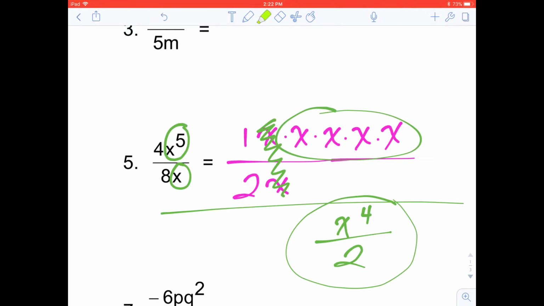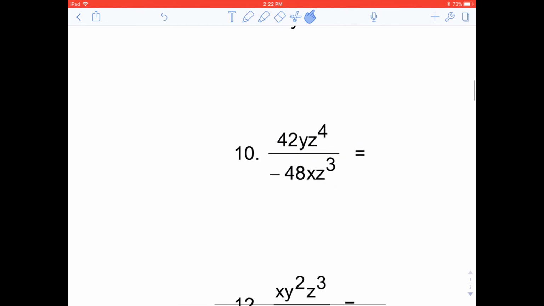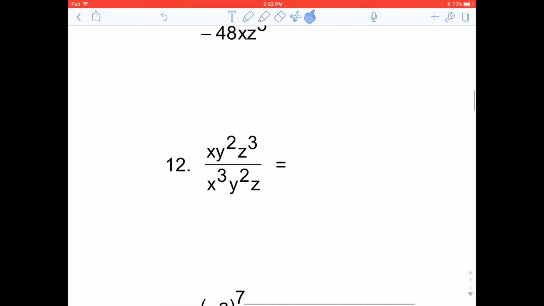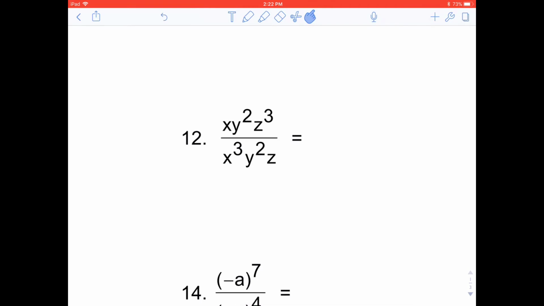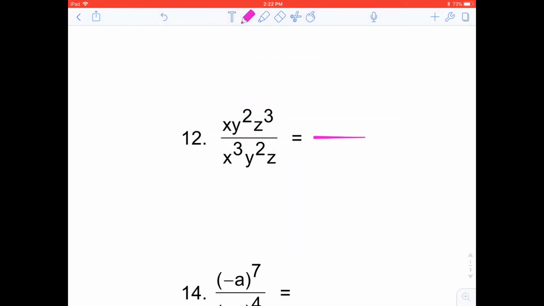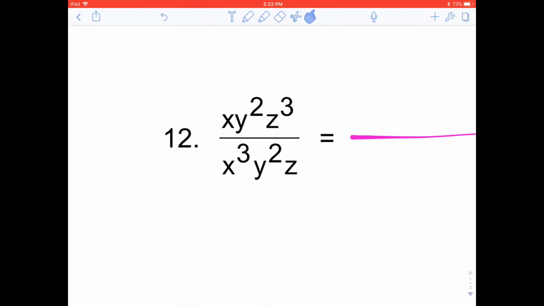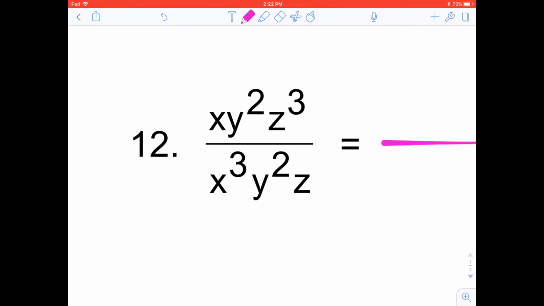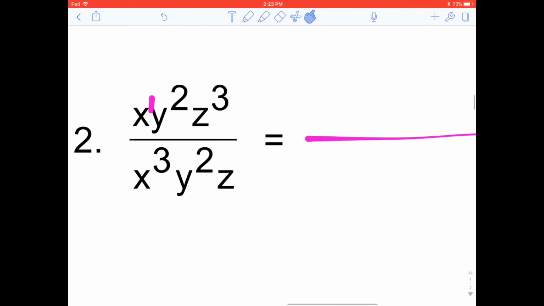But what will that look like if that's not the case? What if we have some problems where we have more on the bottom than on the top? Let's jump down to number 12. First, let's draw a fraction bar and start with our x term. X to the 1st and x to the 3rd. You could go through and do the subtract method, but you're going to be left with negative exponents, and that gets a little gnarly.